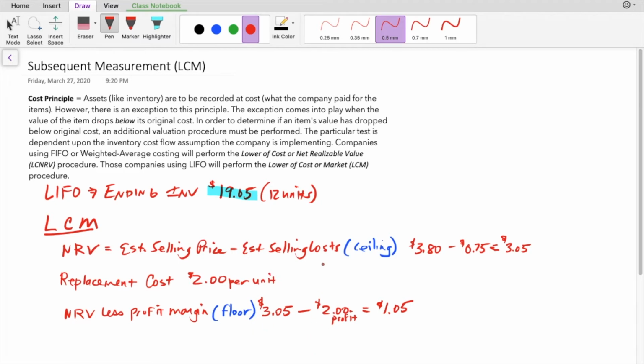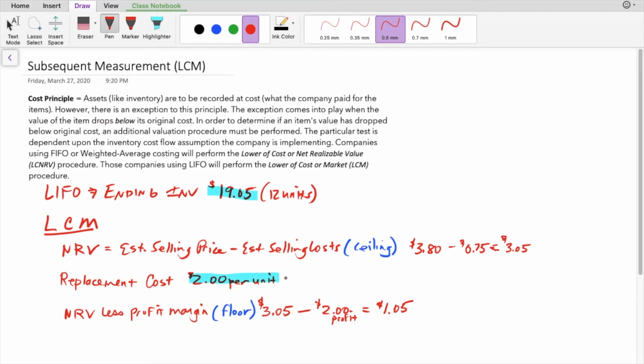Now I have a floor and a ceiling, and I have a replacement cost. If my replacement cost is between the ceiling and the floor, then I'm going to use my replacement cost as my market value. In this case, that's what we have. So my market value, the one I'm going to use to compare, is this $2 per unit value.